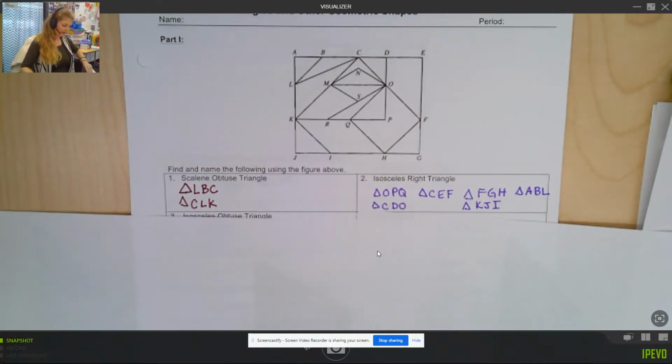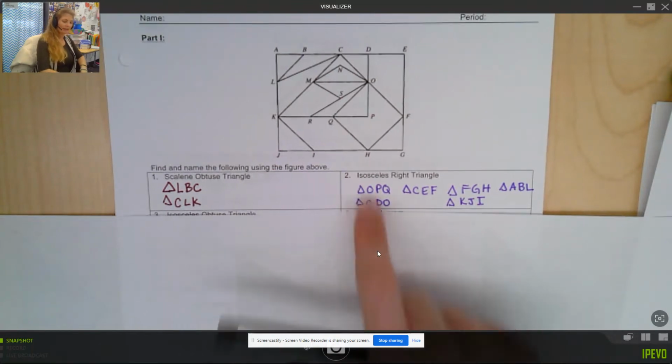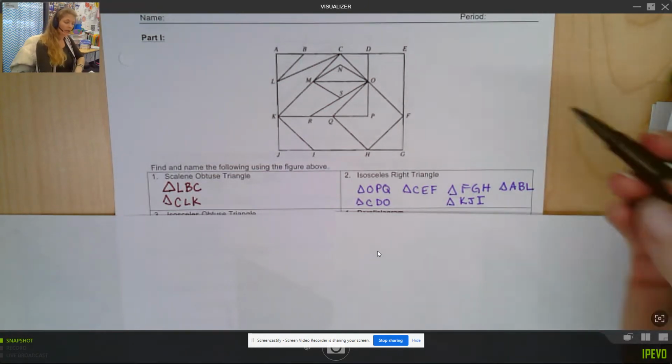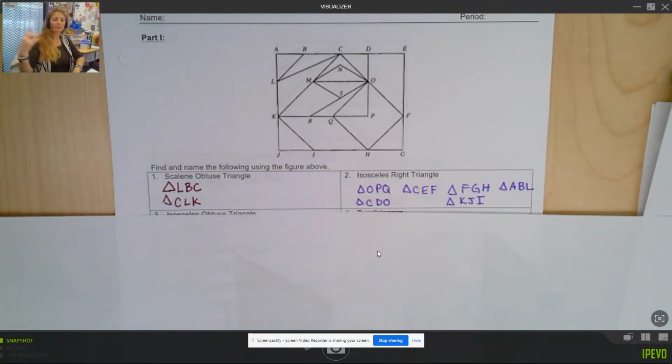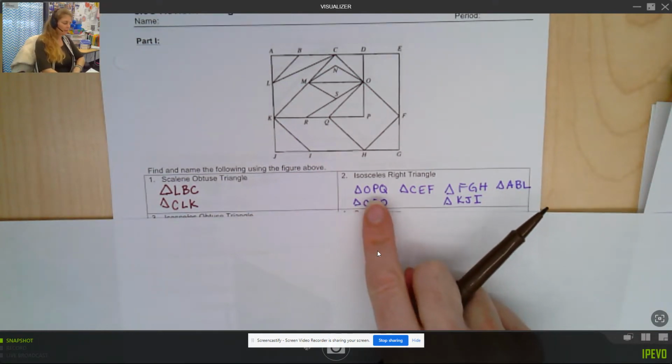The next shape we're asked to find is an isosceles right triangle. So isosceles means one side is isolated, meaning there's one side that's different and there are at least 2 sides that are the same, congruent, if you will. So I found a number of different triangles. Remember, your triangle may be written in a different order. Obviously, triangle OPQ is the same as triangle PQO.